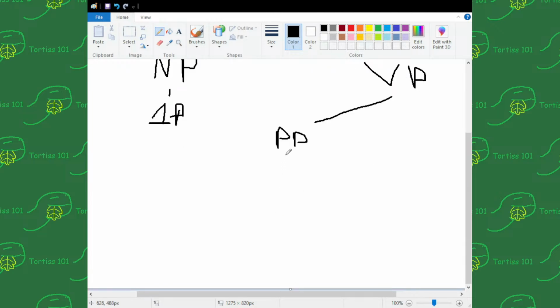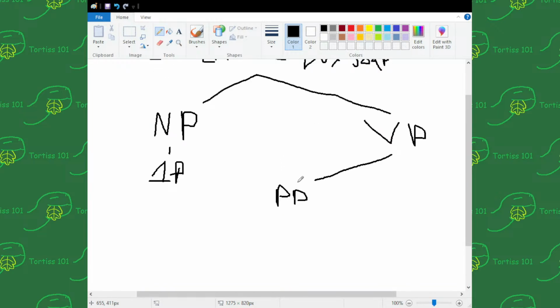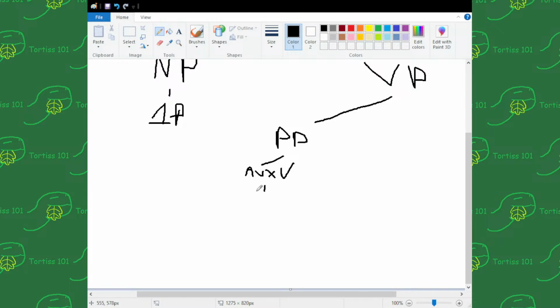And this actually breaks down into an aux verb, that being went, and the actual preposition itself, which is to.